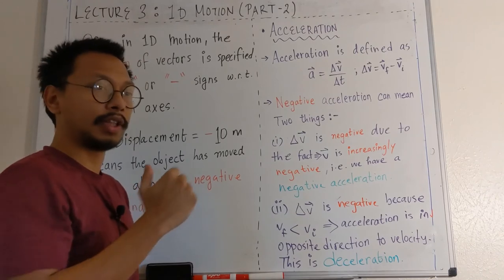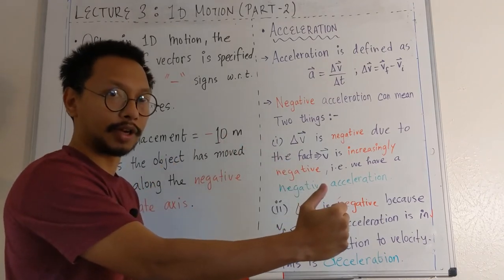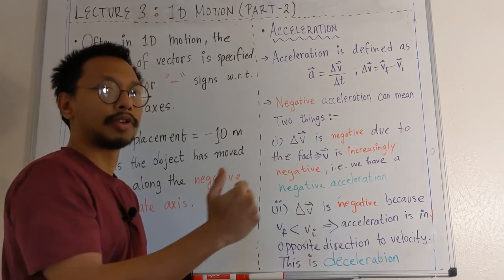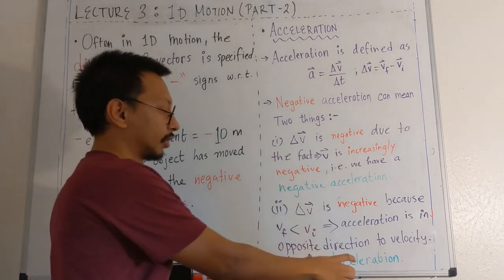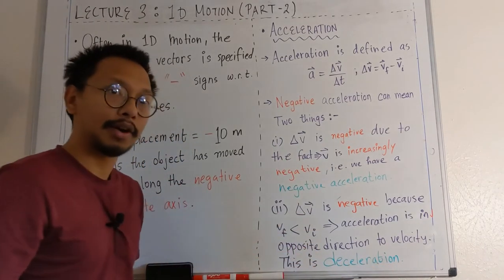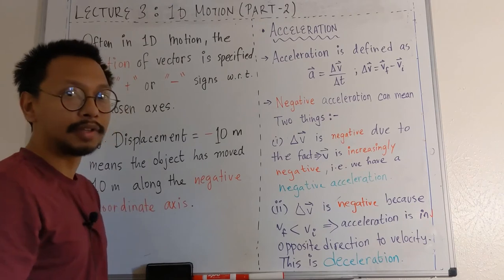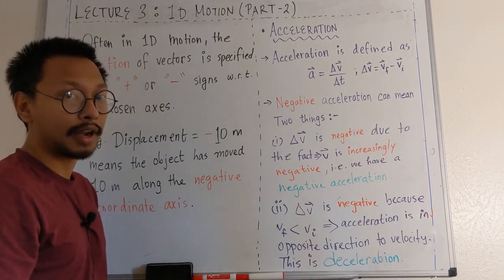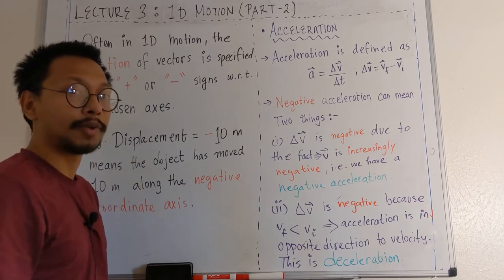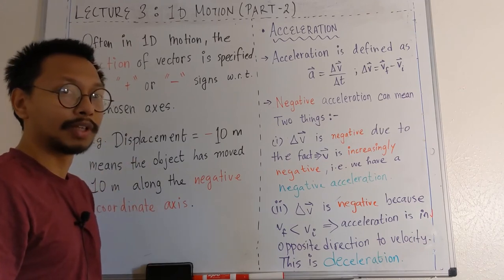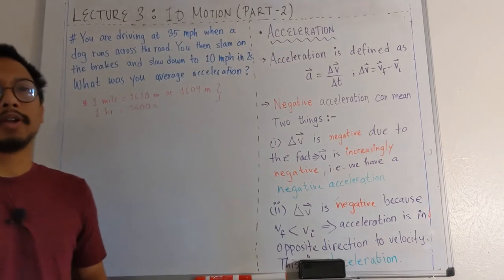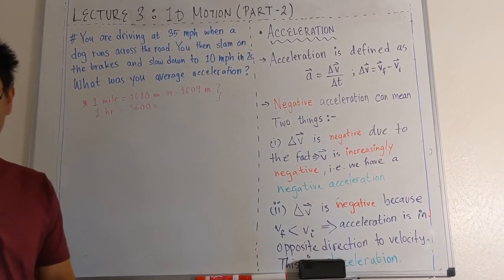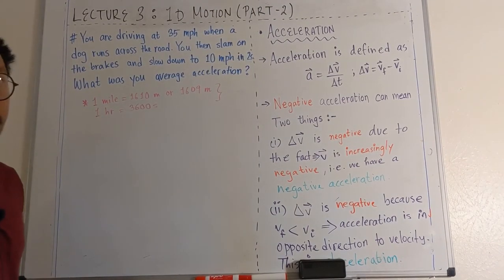You're moving in the positive coordinate axis direction, but you're slowing down. That means you have a deceleration. So these are the two meanings that a negative acceleration can have. We have to be a little bit more careful when dealing with acceleration. Okay, so let's try and look at an example.